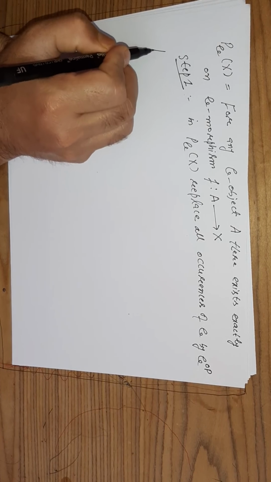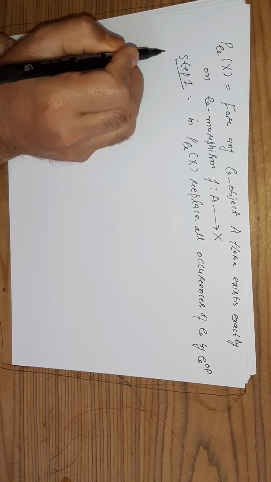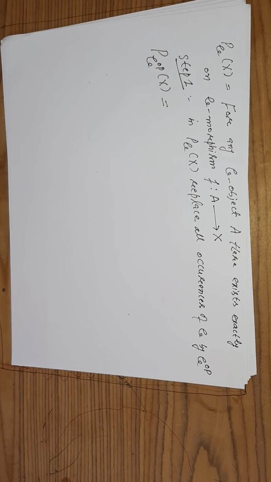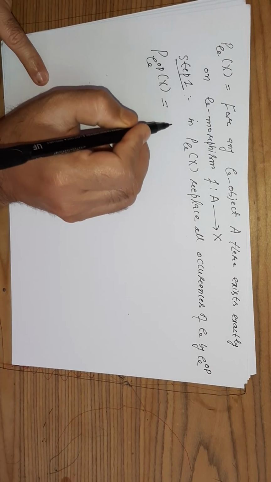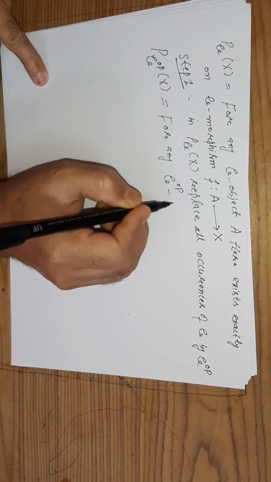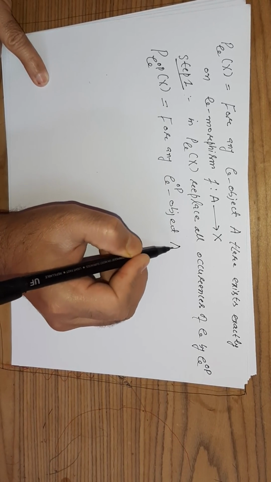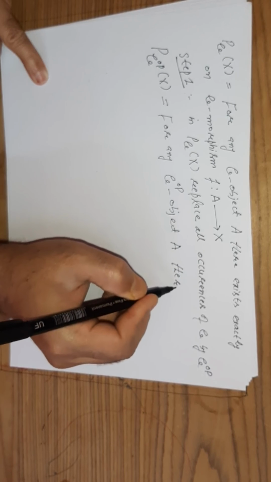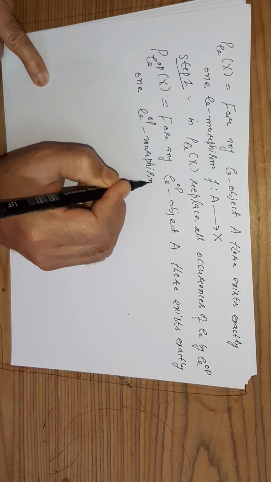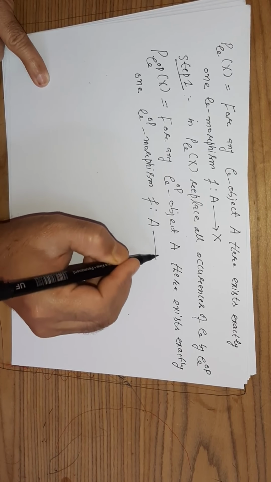I will get the statement P of C opposite, X. So the statement would be: for any C opposite object A, there exists exactly one C opposite morphism F from A to X.